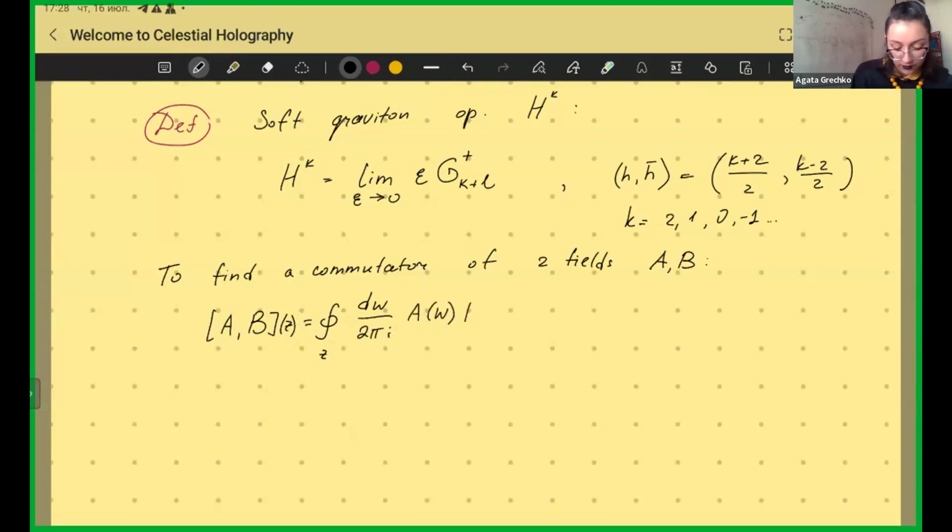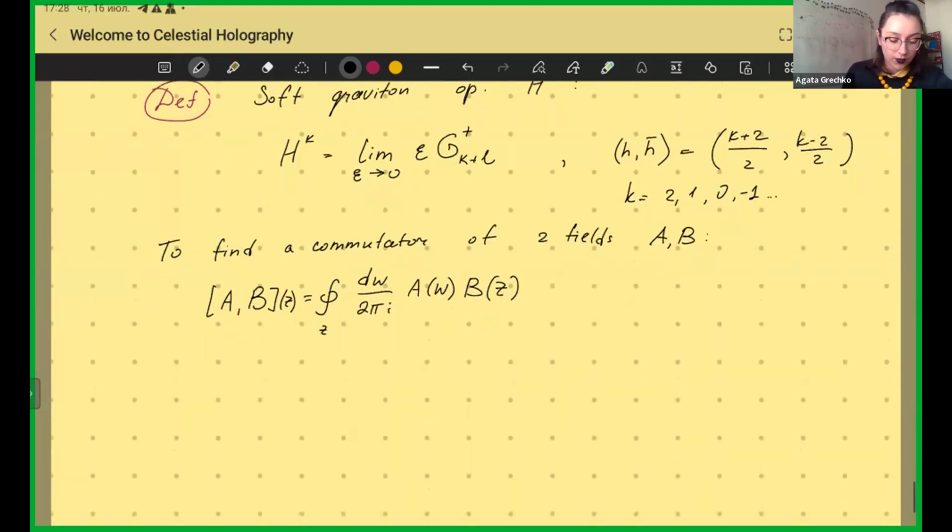So some field A at a point W, field B at a point Z, and this way we can compute the commutator of two fields.